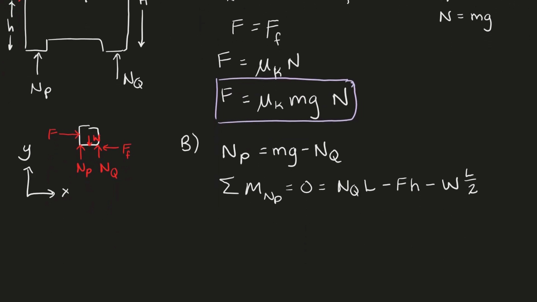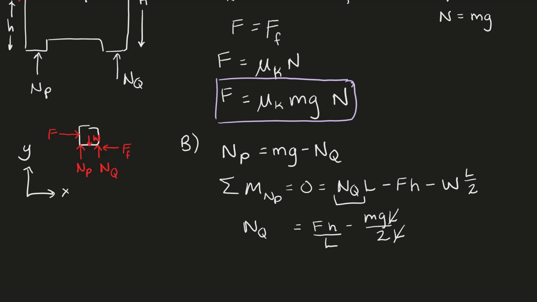So then solving this for NQ, what do we get? I can say NQ L equals Fh minus WL over 2, and I'll actually rewrite that as mgL over 2. If I divide everything by L, the L's cancel, and we get something that looks like that.